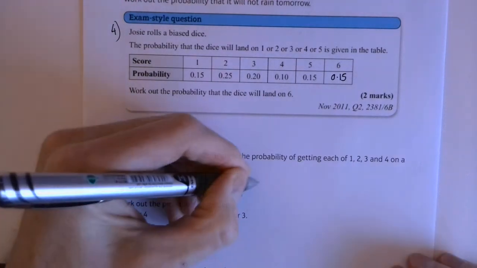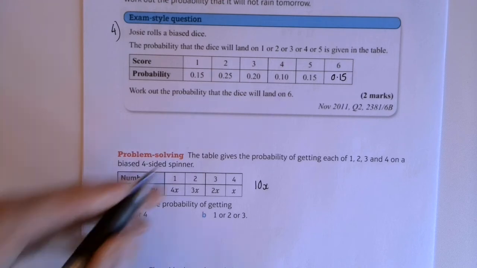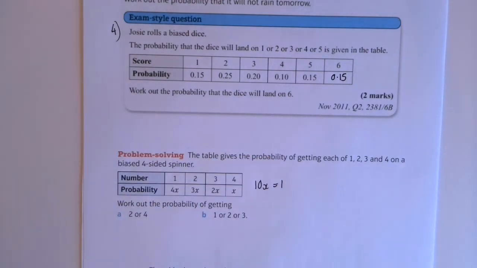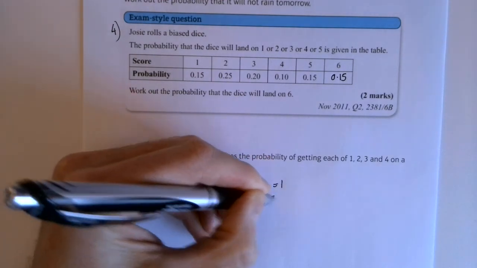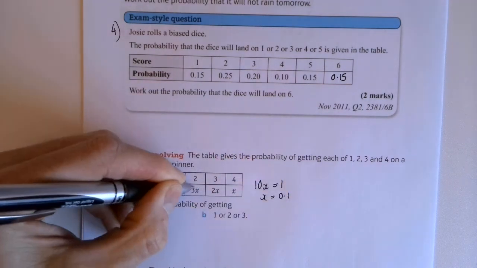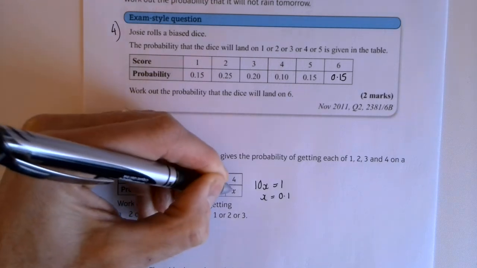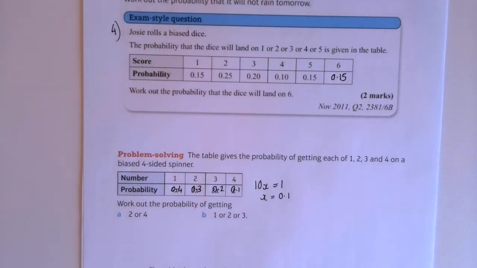If I add these together, I get 10x, 4x plus 3x plus 2x plus 1x, and I know the probabilities in any situation always add up to 1. So x must be 0.1, or 1/10. So that means that's 0.4, that's 0.3, that's 0.2, and that's 0.1.